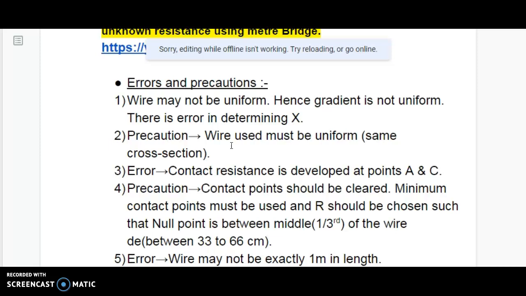In fact, you should tap the jockey on the wire so that the wear and tear of the wire and its non-uniformity can be reduced. The other is that contact resistance is usually developed at points A and C. The precaution is that the contact points should always be cleaned. Minimum contact points must be used in practical time, and the value of R has to be chosen in such a way that we obtain the readings in the middle 1/3 of the wire.